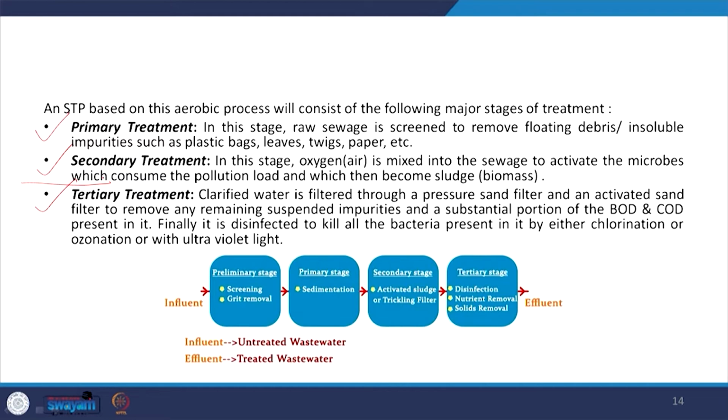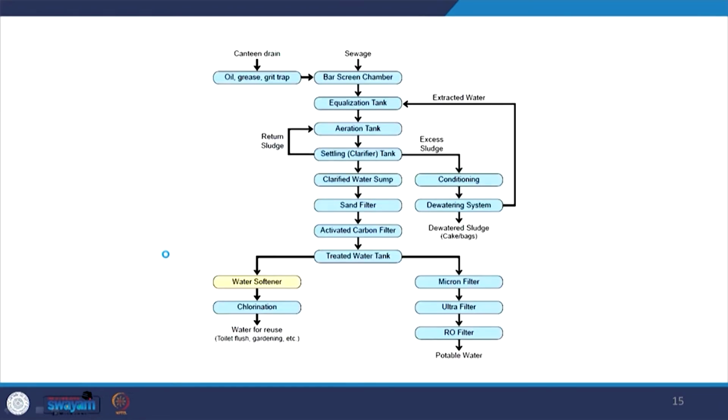After that, the water will be good enough to be used for gardening, for flushing, while if we want to supply it back to the wash basins and sinks, it may further require cleaning up to a part of the tertiary treatment, and to make it potable, we have to further treat it through chlorination and ozonation or with ultraviolet light. So, depending upon the use, these treatments would vary.